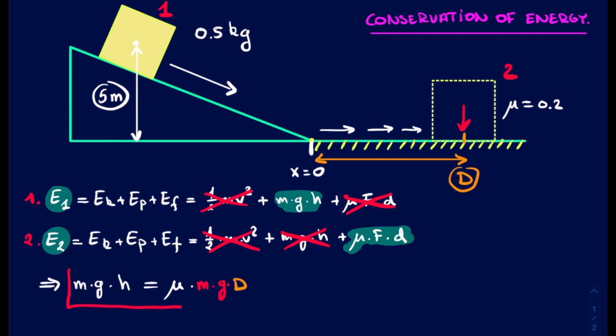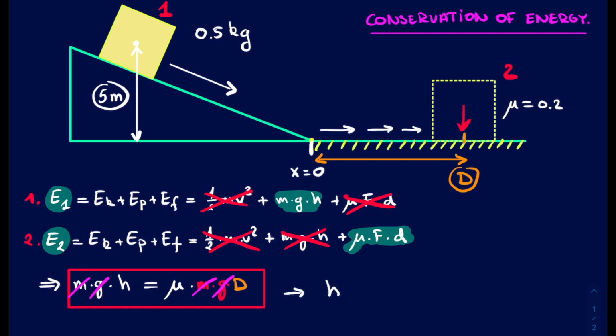And this is the equation that we now have and that we can very easily solve in order to get this distance d. What we can clearly see is that the mass m drops out on both sides of the equality sign. The gravitational constant also drops out on both sides, and what we're left with is simply the following.